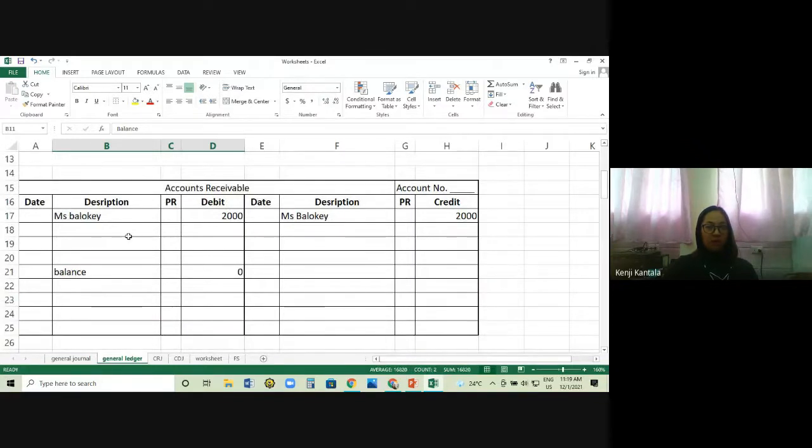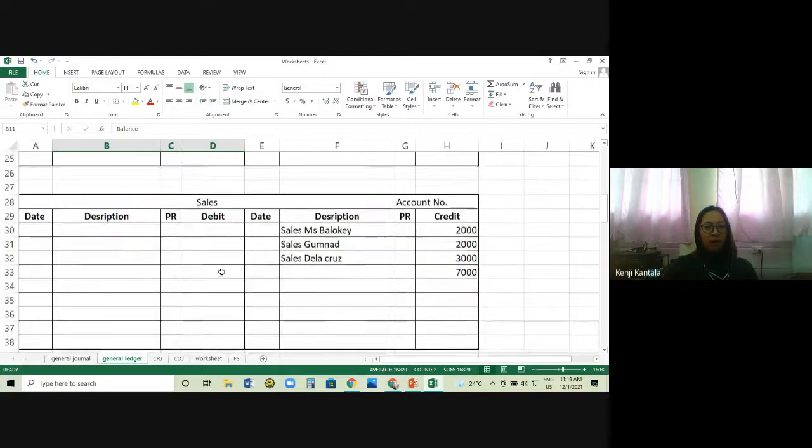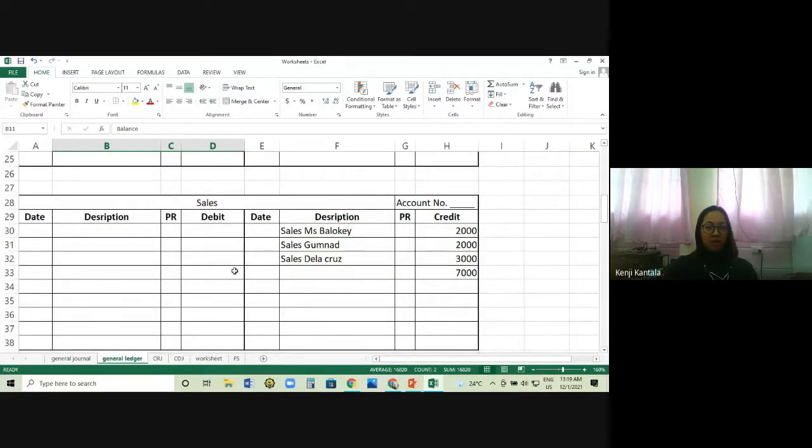Okay, so ano yung sunod natin? We have accounts receivable. Pero since ang balance natin sa accounts receivable is 0, hindi na natin yan i-reflect sa worksheet natin. And then we have our sales. Yung sales natin, Miss Baloke, saan natin ilalagay? Gracelyn? Wala. Okay, so Mr. David Gumnad, saan natin ilalagay yung sales natin?